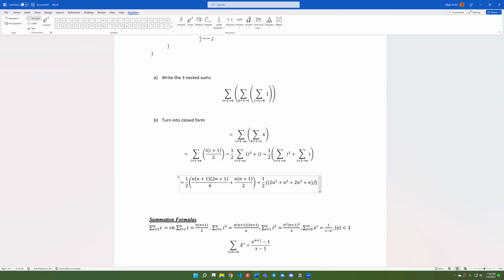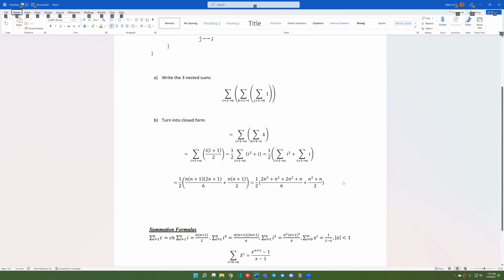And this is all going to be divided by 6. And then we're also going to have n squared plus n divided by 2. All right, let me just make sure this is all correct. 2n cubed, n squared, 2n squared plus n. Okay, this looks good to me.